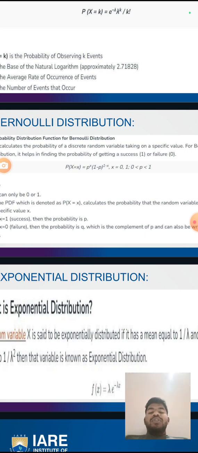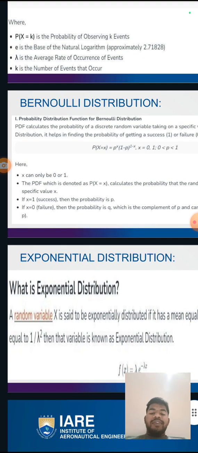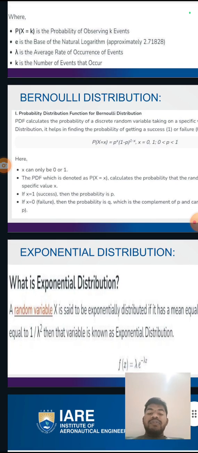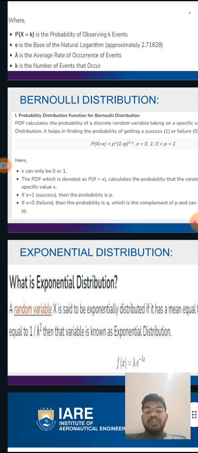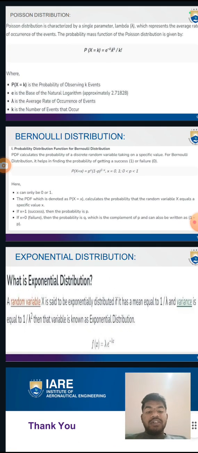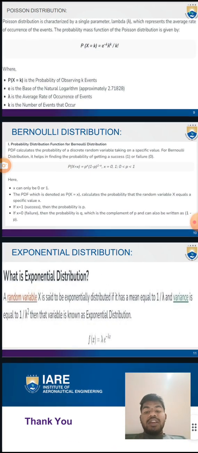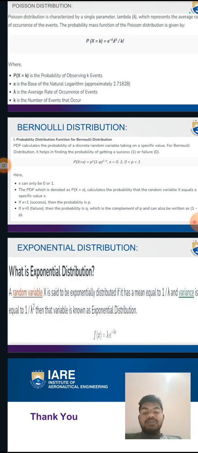P of X equal to k equals p power x into 1 minus p power 1 minus x, where x equals 0 or 1, and p is in between 0 and 1. Here x can only be 0 or 1. The PDF, denoted P of X equal to x, calculates the probability that the random variable X equals a specific value of x.